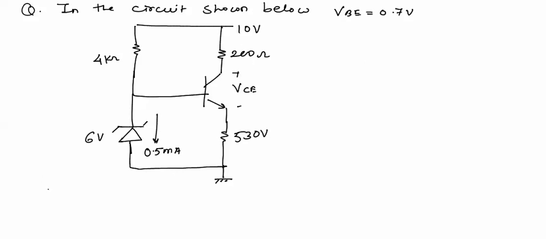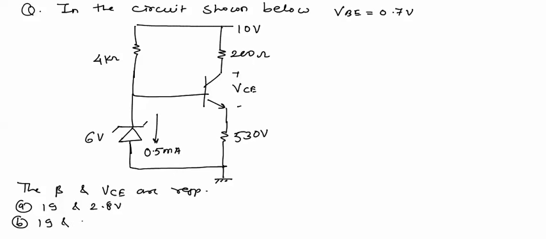And here is the question, that the beta and VC are respectively, options are given: 19 and 2.8 volt, 19 and 4.7 volt, 38 and 2.8 volt, 38 and 4.7 volts. These values are given and we have to calculate beta and VCE for this transistor.